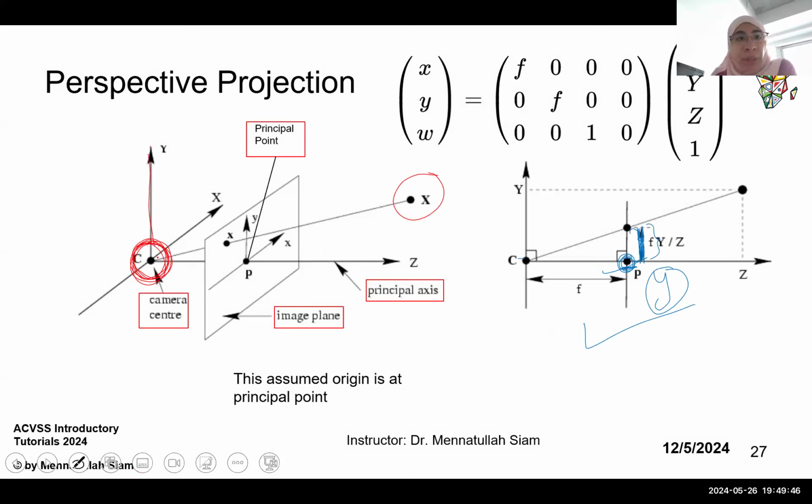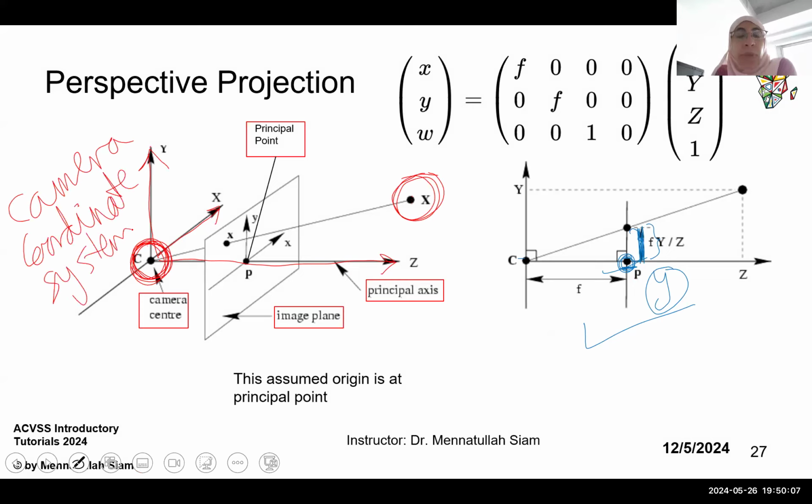So we have here X, here Y, and here the Z component, and this 3D world is located here with respect to this coordinate. This is called the camera coordinate system. If you have a completely different coordinate system, we will have to transform from one coordinate to another, and this is what we will take next time.